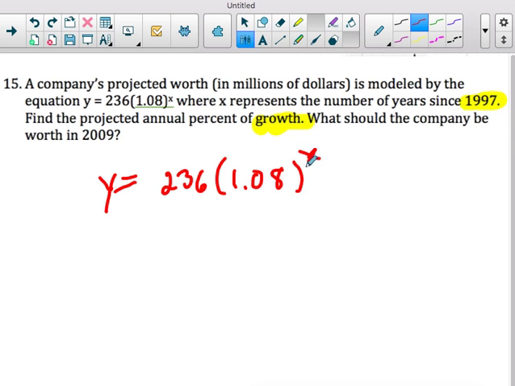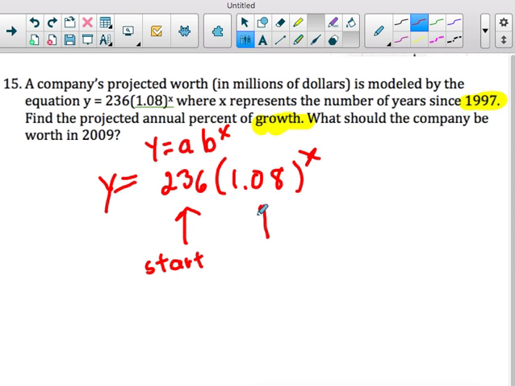This is definitely an exponential equation because it's in the form of a times b to the x, right? That's our exponential equation format. So what is a? Well, a is 236, and that's where we're starting. That's the initial value or the starting point.